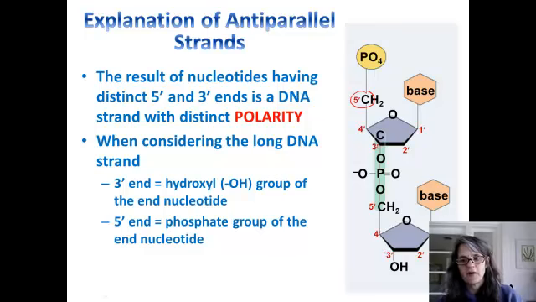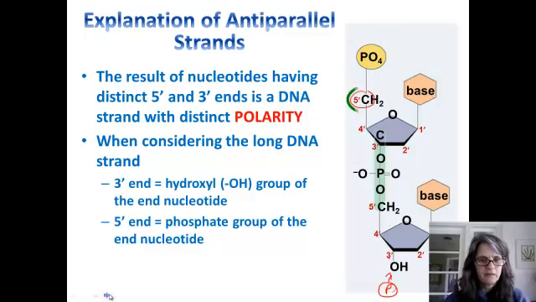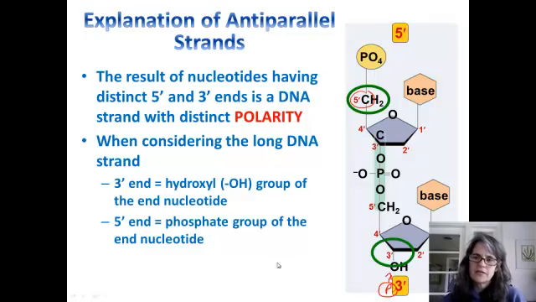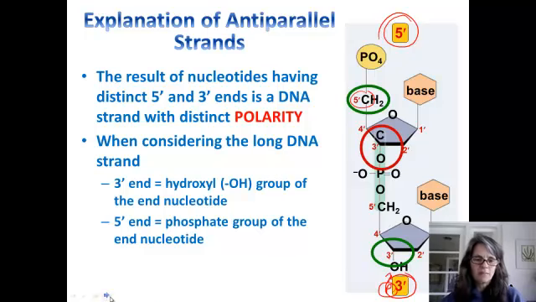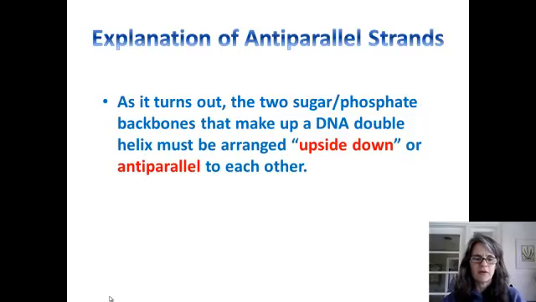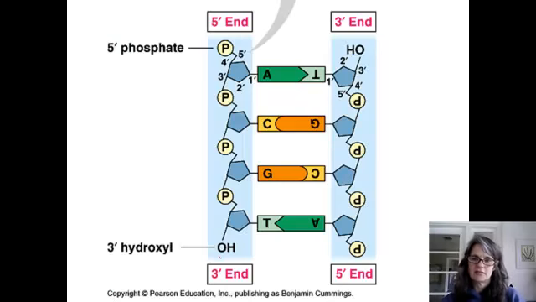So we will have 5', 3', 5', 3', and another, the phosphate group here would attach to this, and then so on, okay? So this molecule has a 5' end and a 3' end, and the one opposite will have 5' and 3' ends as well, but they will be arranged upside down to each other.